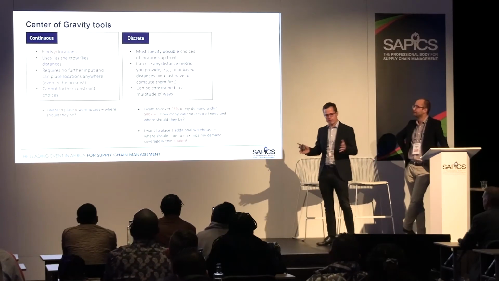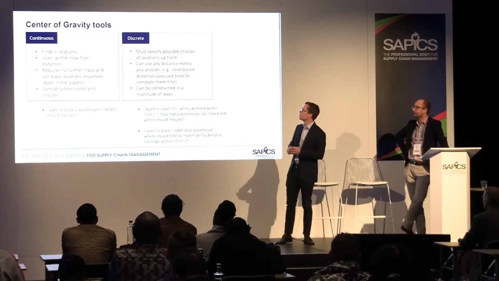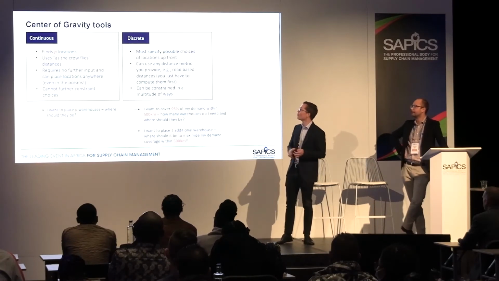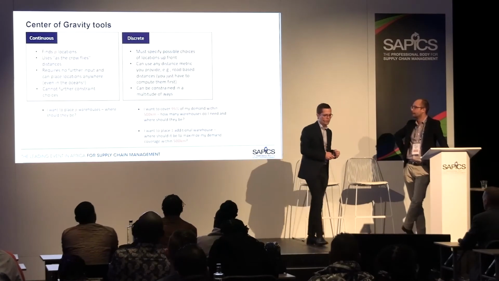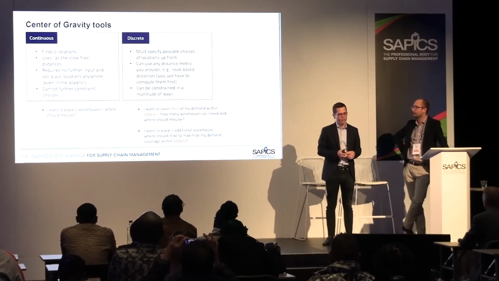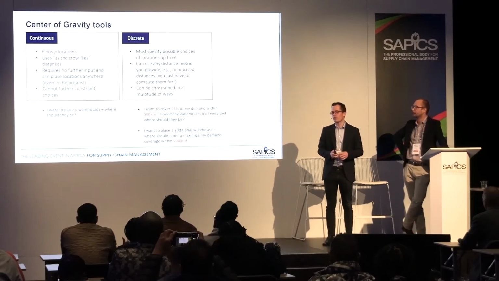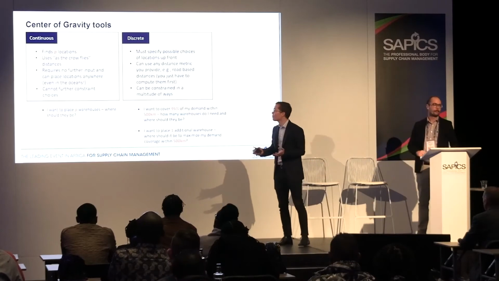What we've done from the center of gravity perspective is we've gone two routes. We have the simple stuff, as we call it, that's the continuous models, and we have a little bit over in the discrete side that Llewellyn also talked about. For the continuous ones, these can answer questions like, where should I place P warehouses, and what are the optimal locations for them? We don't have to specify locations up front.